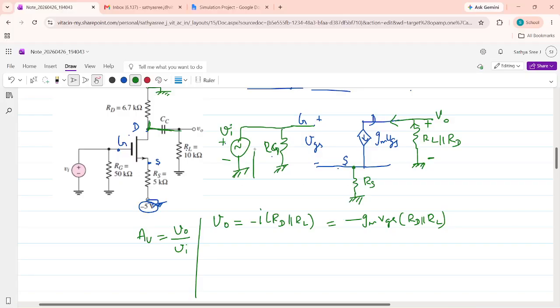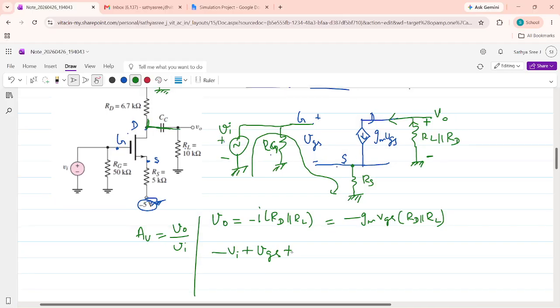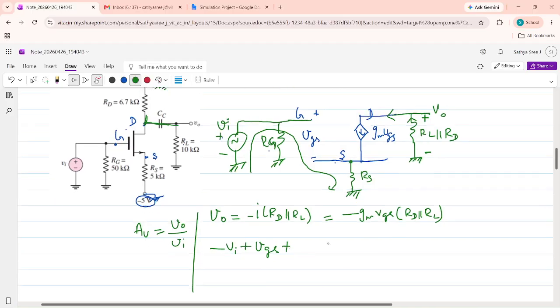Starting from here: minus Vi plus VGS plus Vs, where Vs is the voltage across this resistor, equal to 0. So I have written a KVL loop.